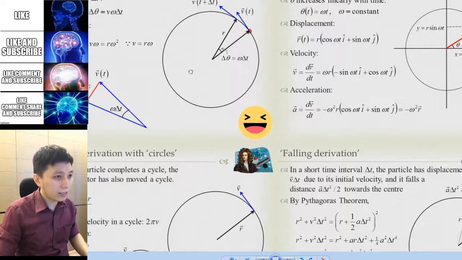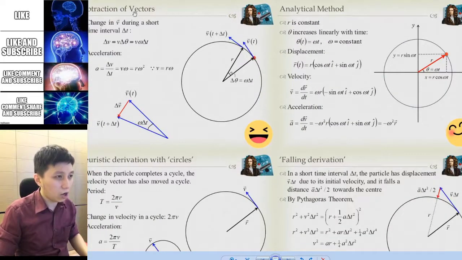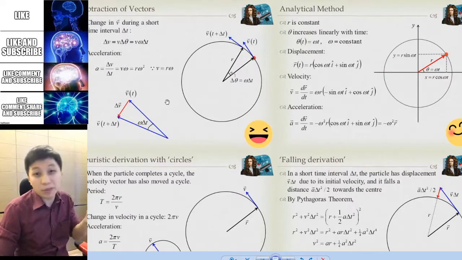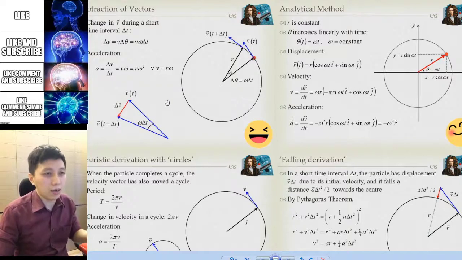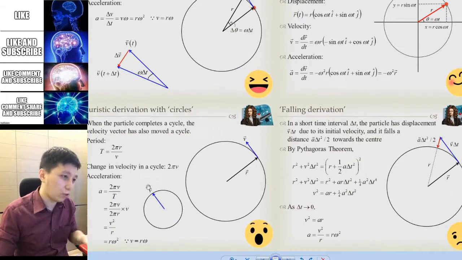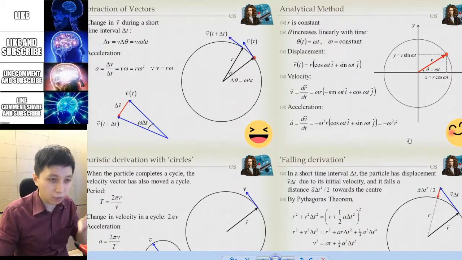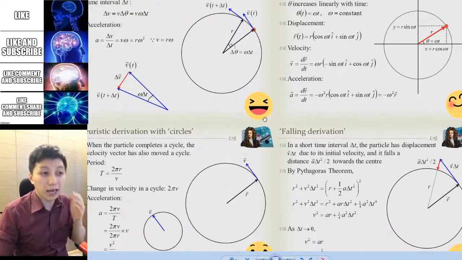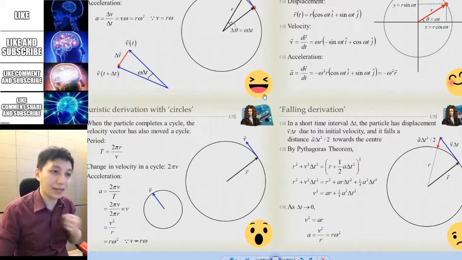The one that we did is the top left, subtraction of vectors, and this is probably the easiest and requires the least mathematics and imagination. If you want to challenge yourself, I would recommend you try to understand this approach and also the approach in the top right corner. If you have studied HL maths or you're an HL physics student, you should be able to understand them.